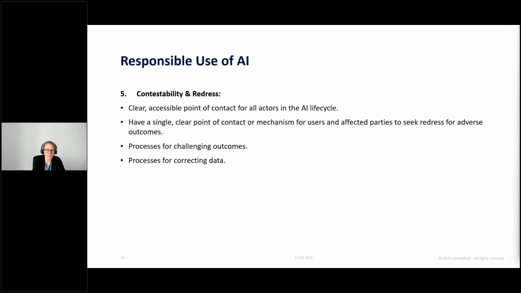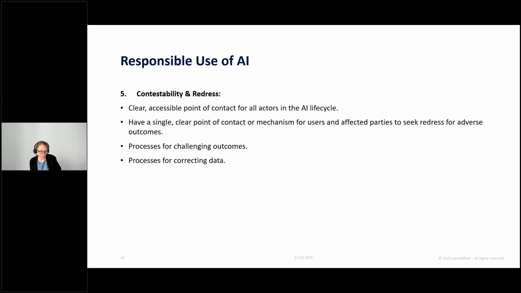You should definitely have a single clear point of contact or mechanism for users and other affected parties to seek redress for adverse outcomes. You should have processes in place for challenging outcomes and processes for correcting data. Make sure that you have guidelines and regulations in your company to use AI systems and tools in an appropriate way.